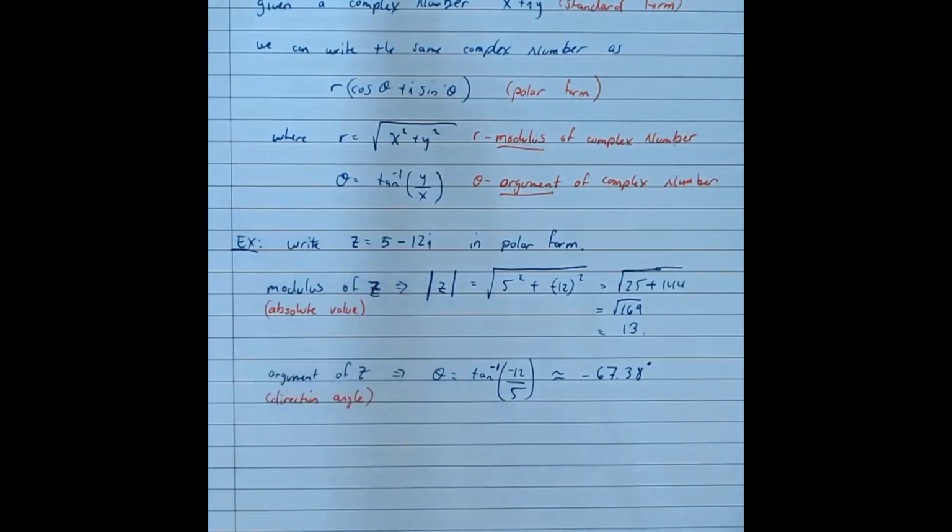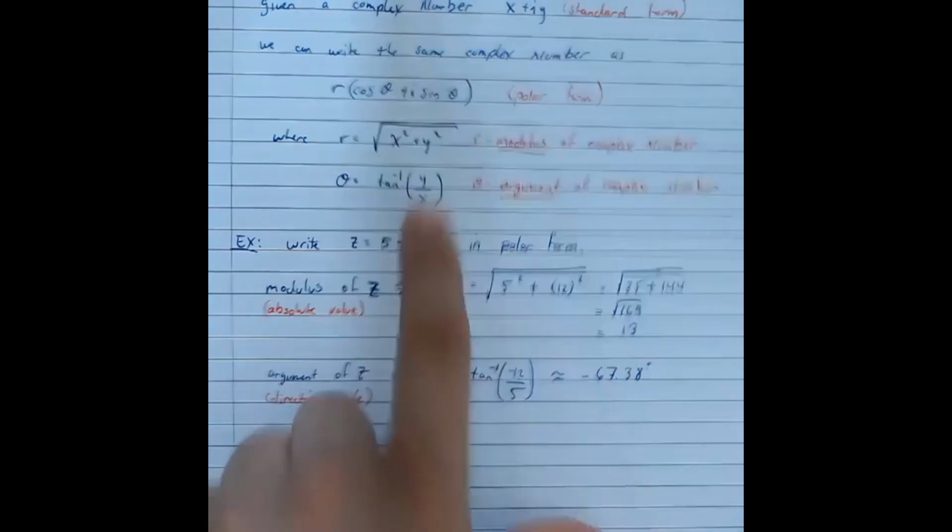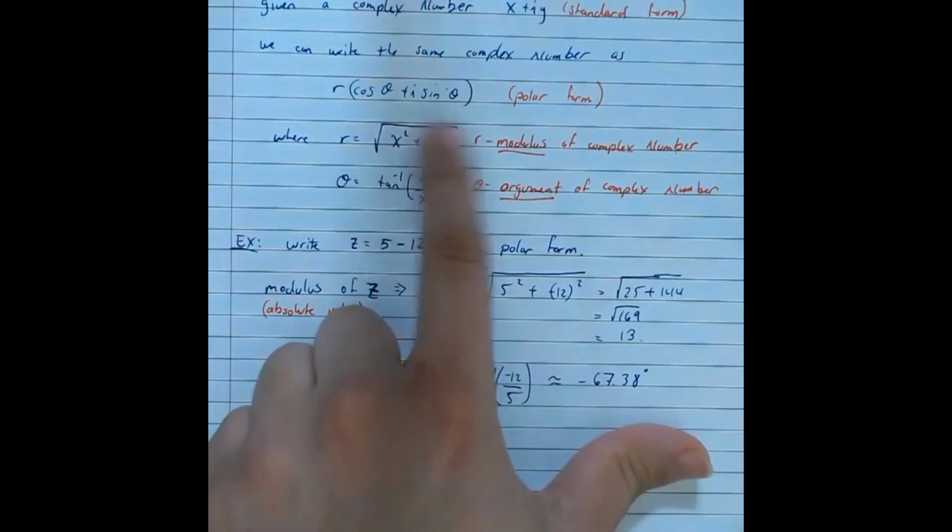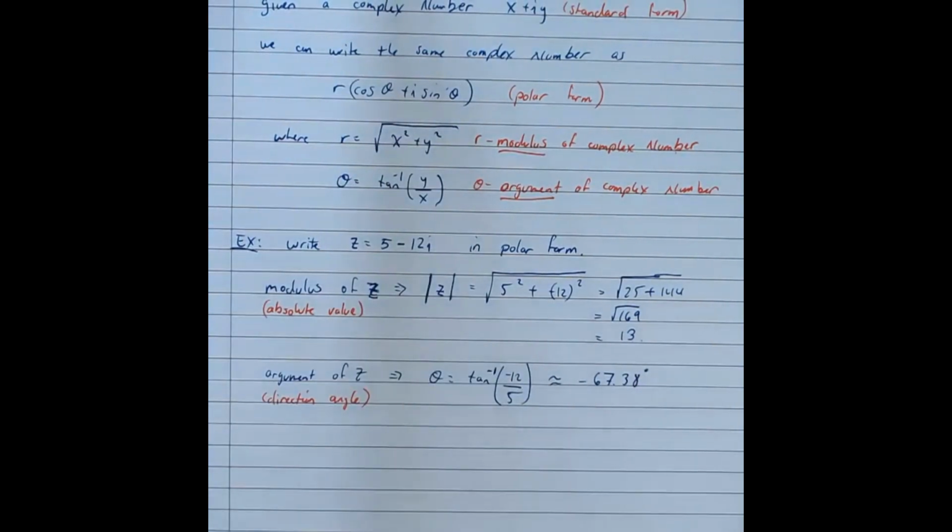So here we can go ahead and write our complex number in polar form by using these two pieces of information. Now you have to be careful here. This angle might be a little misleading.